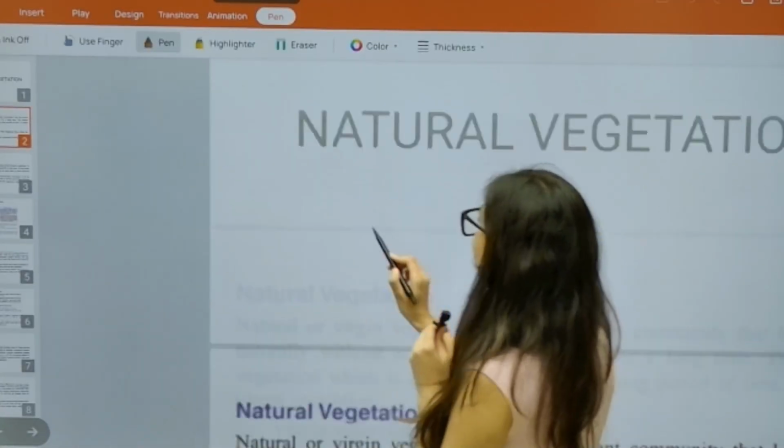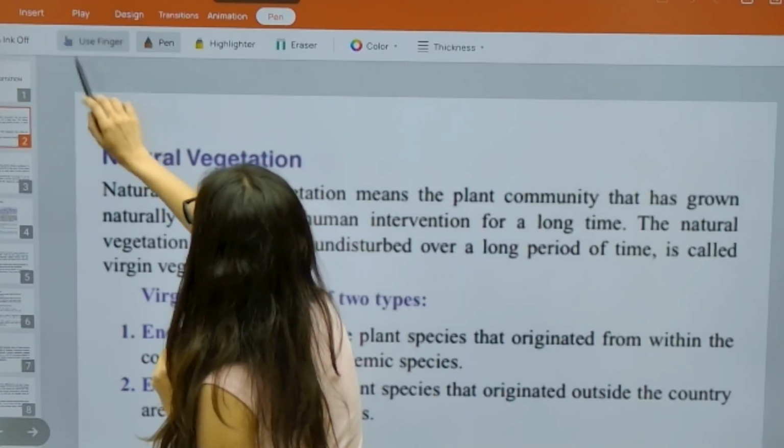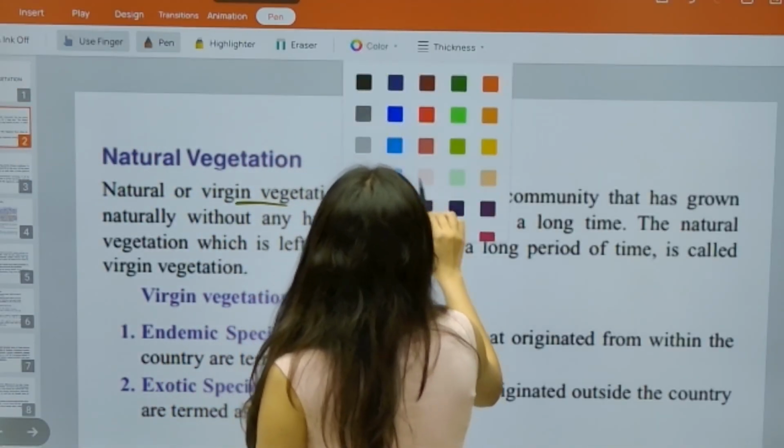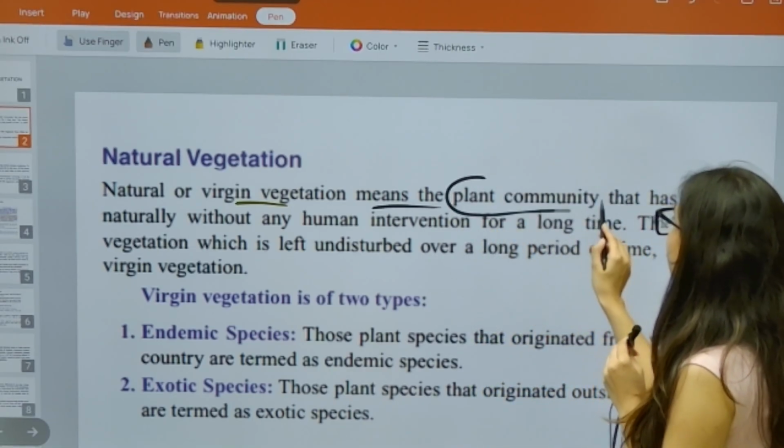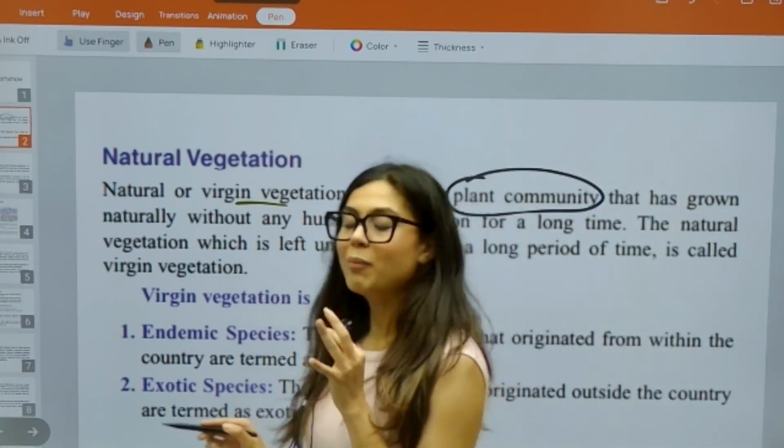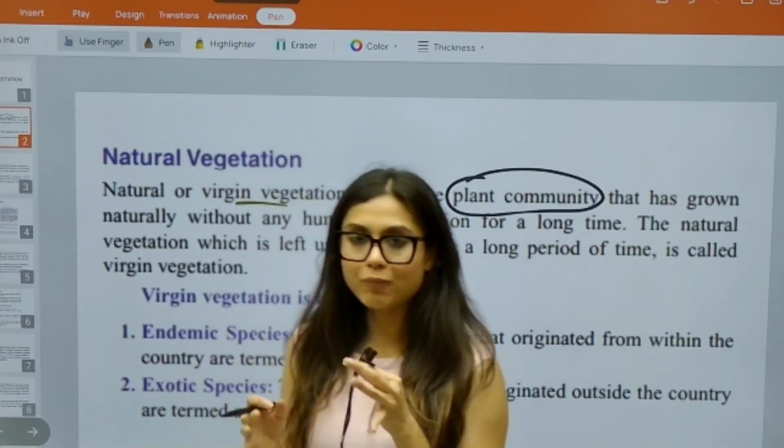So it means the plant community of plants. As you know, community is the group of people who come together.